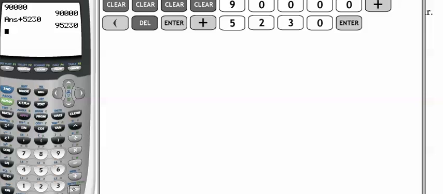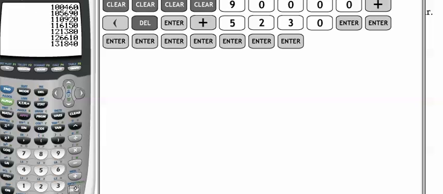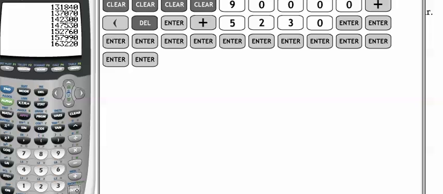This will be the money for my second year. Third year, fourth year, fifth year, 6, 7, 8, 9, 10, 11, 12, 13, 14, 15. This will be the amount of money you'll be getting for 15 years.